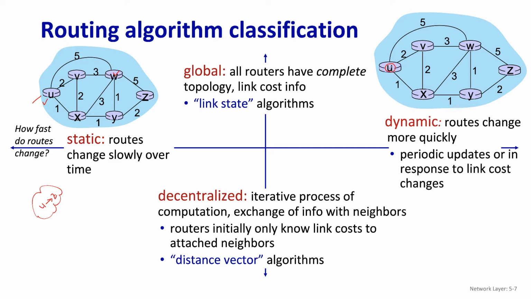router will compute the routing table internally, then share it with their neighbors. And the same thing is going to be done here.